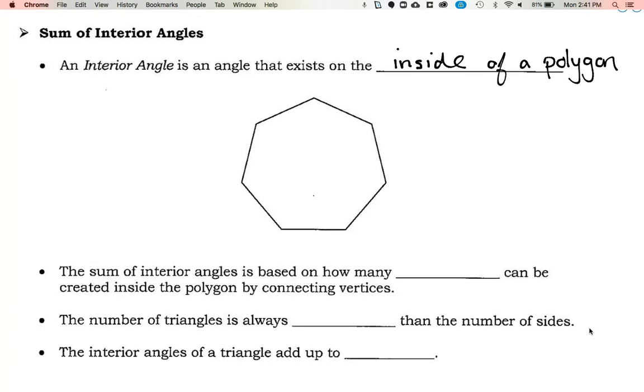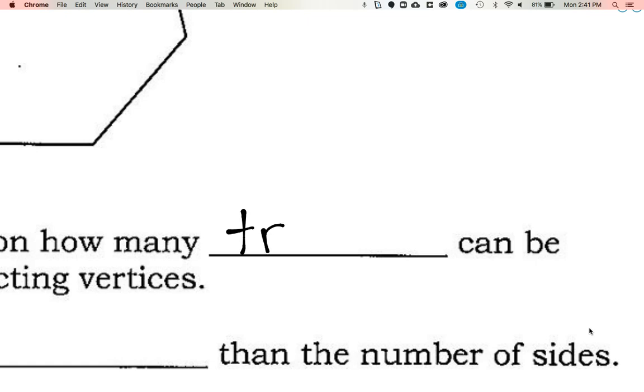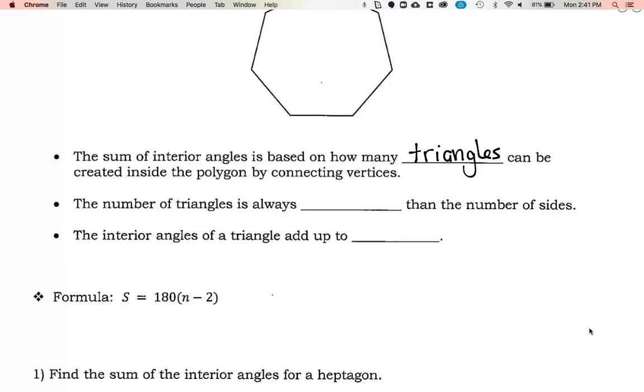Not always, but for now, that'll be okay. The sum of interior angles is based on how many, and this won't be a big surprise here, how many triangles, just like we did for area, can be created inside the polygon by connecting vertices.